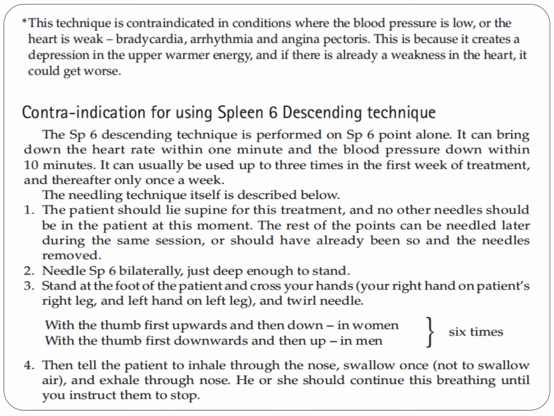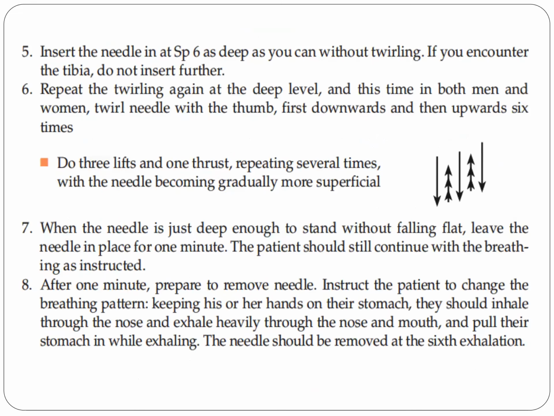Then tell the patient to inhale through the nose, swallow once, not to swallow air, and exhale through the nose. He or she should continue this breathing until you instruct them to stop. Then insert the needle in at spleen 6 as deep as you can without twirling.